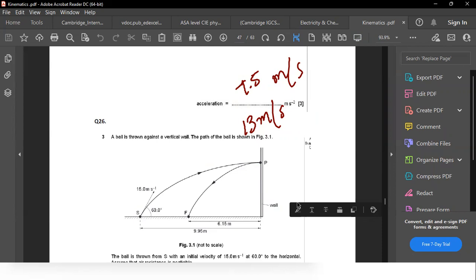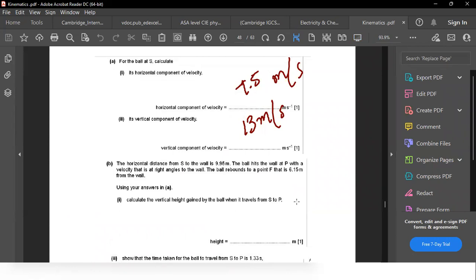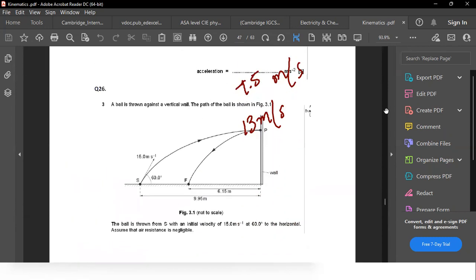Okay. So basically the vertical distance. Oh, wait, could you show me the values that they had given? I didn't write them down. No, here you go. The horizontal distance is written over here in the diagram, 9.95 and 6.15.